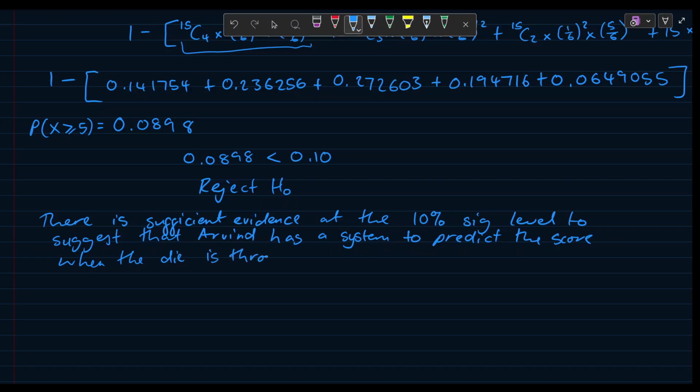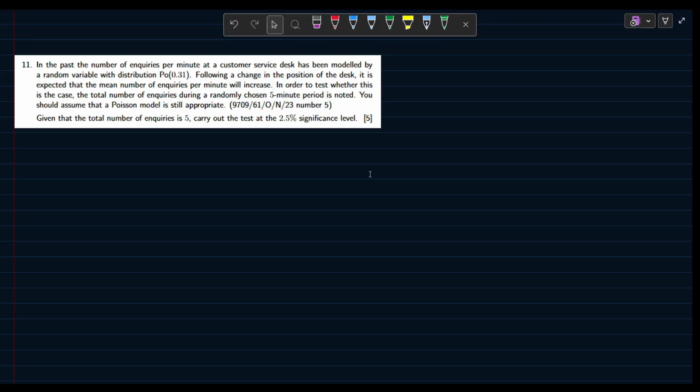So this is how we carry out a test under binomial conditions. Let's look at an example under Poisson conditions. So in the past, the number of inquiries per minute at a customer service desk has been modeled by a random variable with a Poisson distribution and lambda as 0.31. Following a change in the position of the desk, it is expected that the mean number of inquiries per minute will increase.